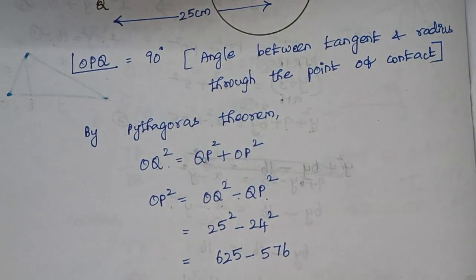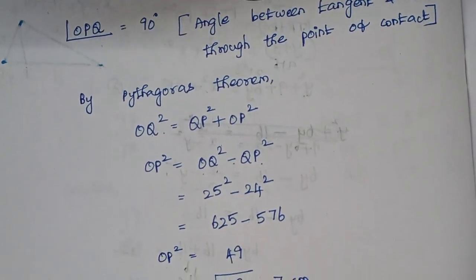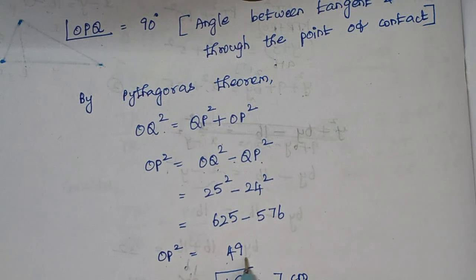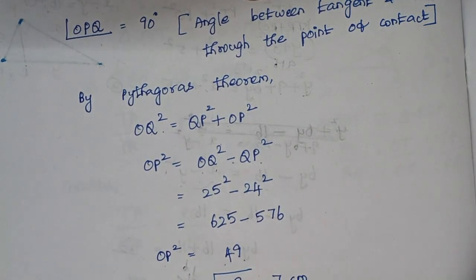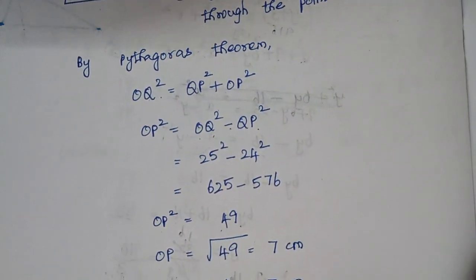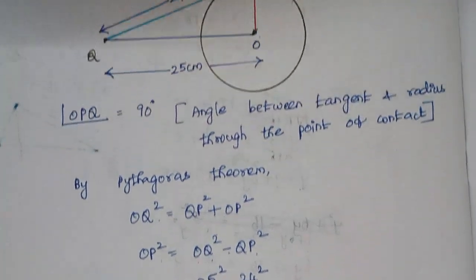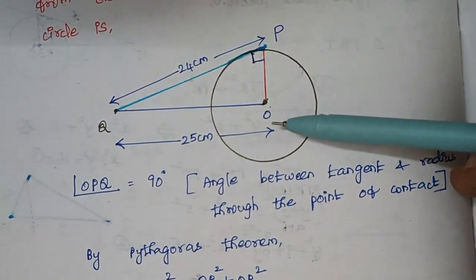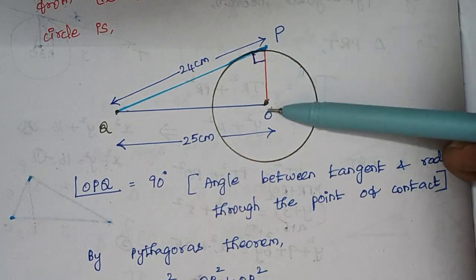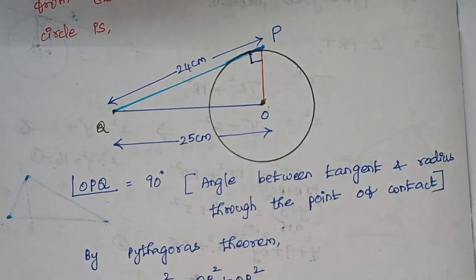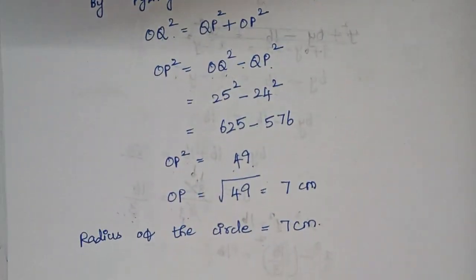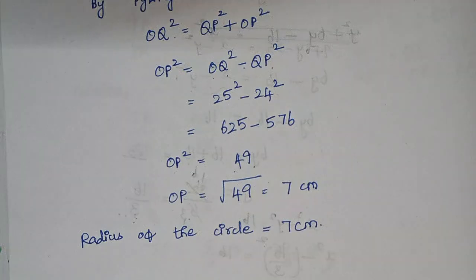OP square is 49, so OP is the square root of 49, which is equal to 7 centimeters. When you look at this diagram, this OP is the radius of the circle and its value is 7 centimeters.